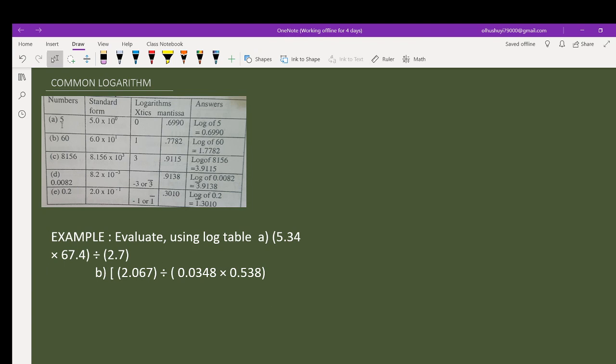Quickly, if you have 5, of course, you have 5. If you write this in standard form, this means 5 times 10 raised to the power of 0. So we'll be making use of standard form because it's the power of the tens. When we have written our numbers in standard form, that is what we'll be using as the characteristic.